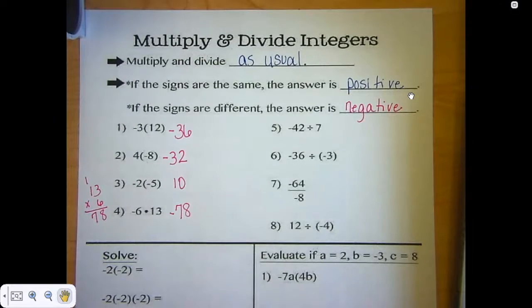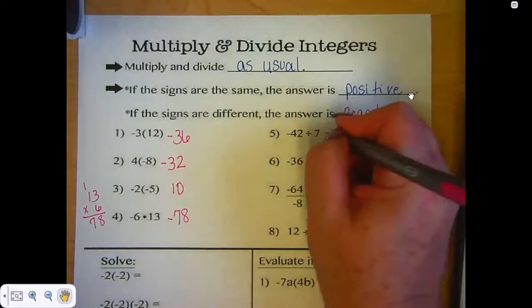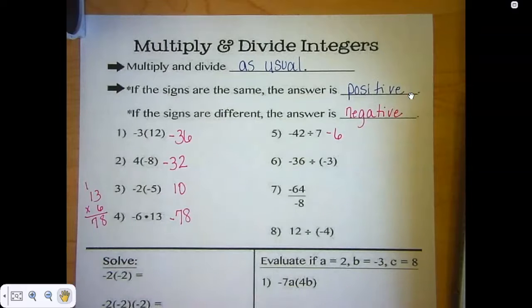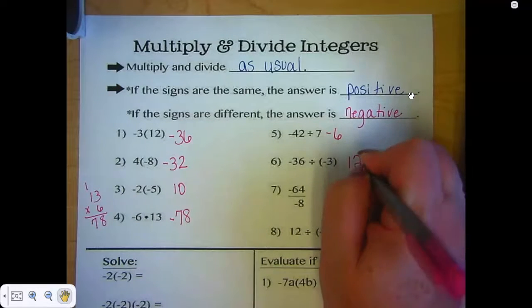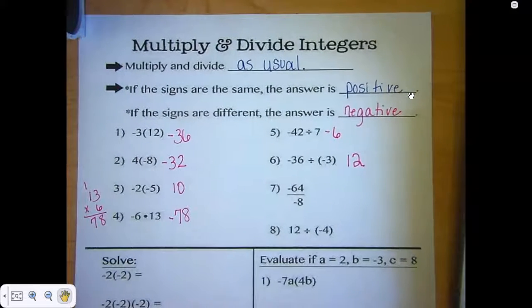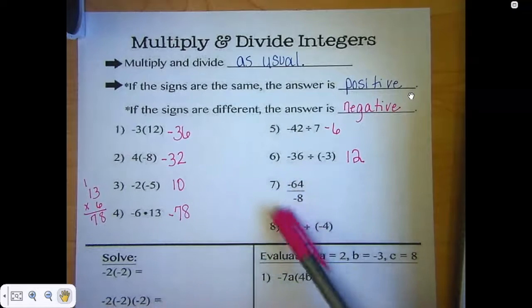42 divided by 7 is 6. The signs are different, so the answer is negative. 36 divided by 3 is 12. The signs are the same, so your answer is positive. All right, what's happening here when it looks like a fraction?